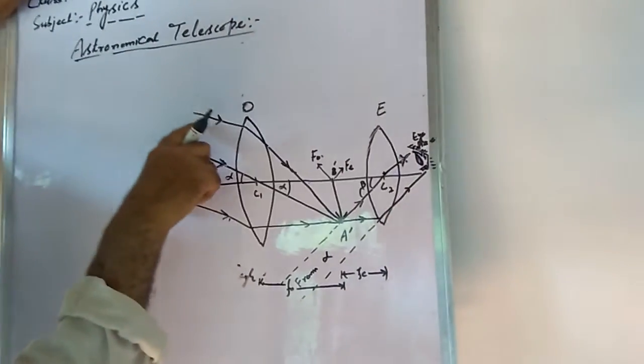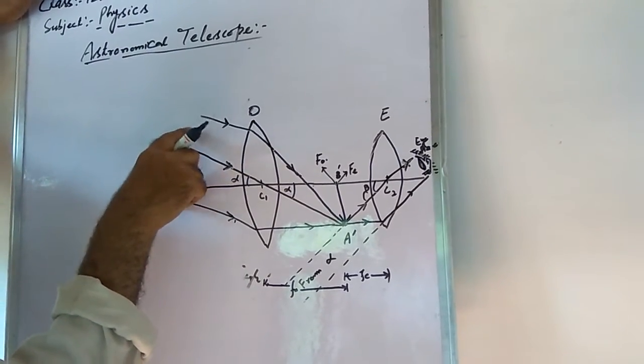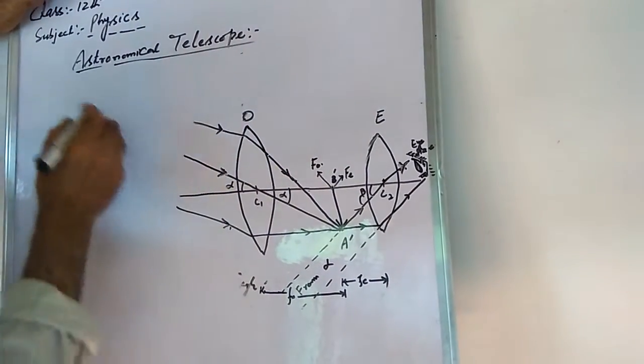A beam of light from the astronomical object at infinity is made to fall on the objective.